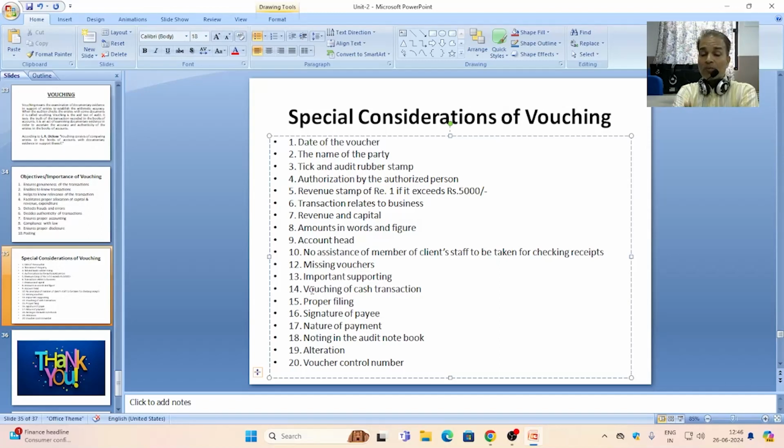Cash transactions should be very carefully vouched by the auditor, because in case of cash transactions there are massive chances of fraud, error or misrepresentation.